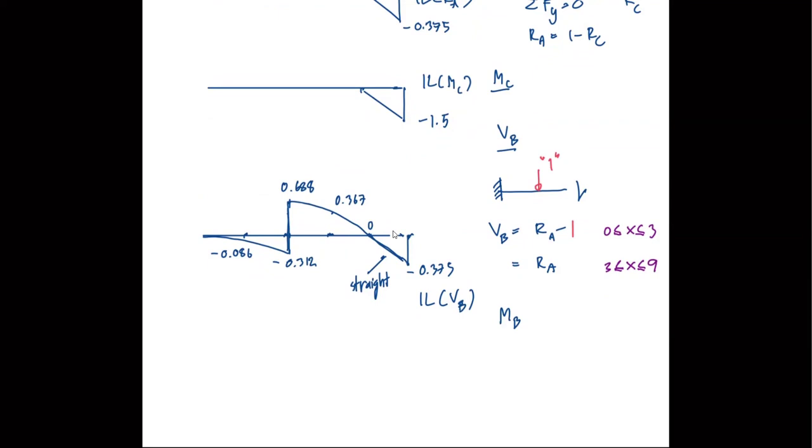Same trick, same free body diagram, but this time we focus on the moment. And again, there will be two equations, when the unit load is on your free body and when it isn't.